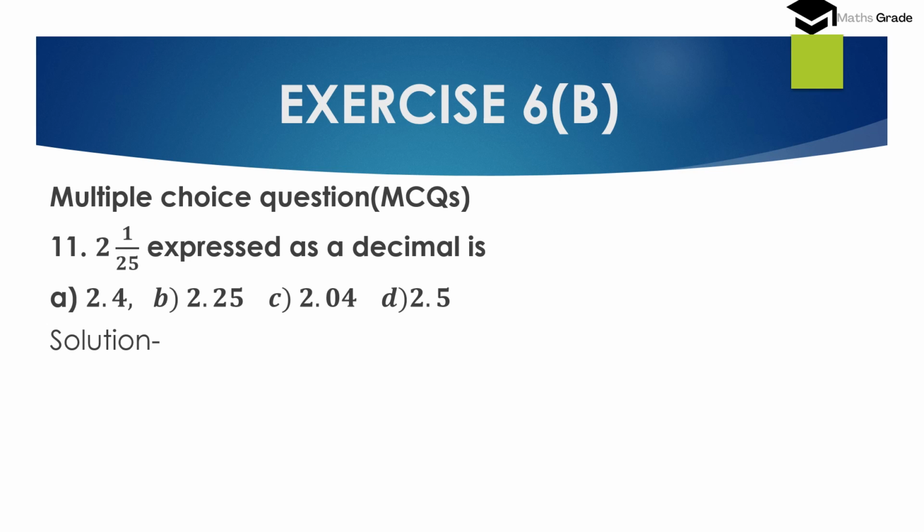Now question number 11, multiple choice questions, MCQ. 2 and 1 divided by 25 expressed as a decimal is, these options are given. 2 and 1 divided by 25 can be written as 2 plus 1 divided by 25.